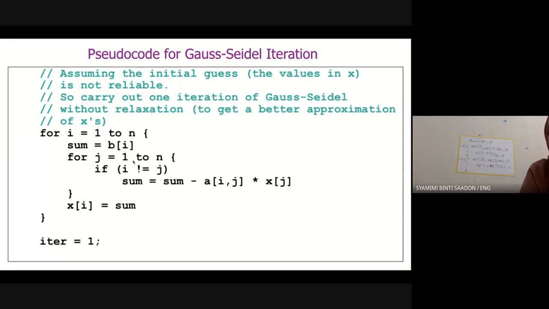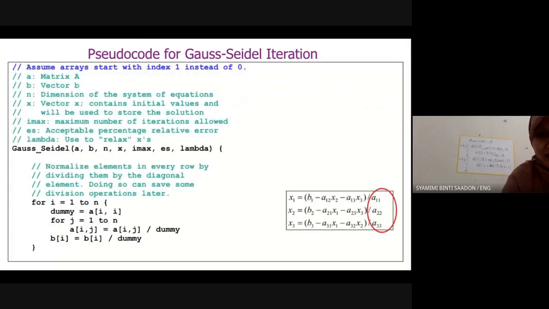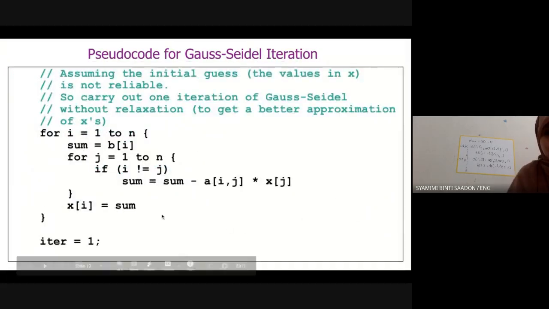So sum, the first one, equals to B1 minus A12 x2, right? This B1 minus A12 x2, okay? And then we repeat for j3, okay?